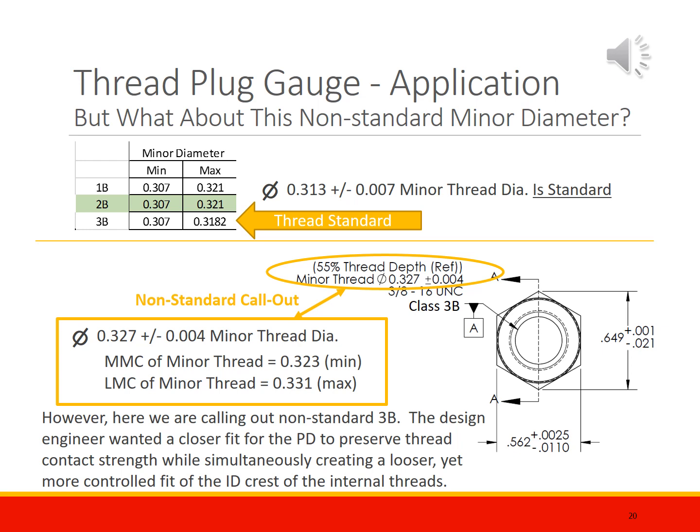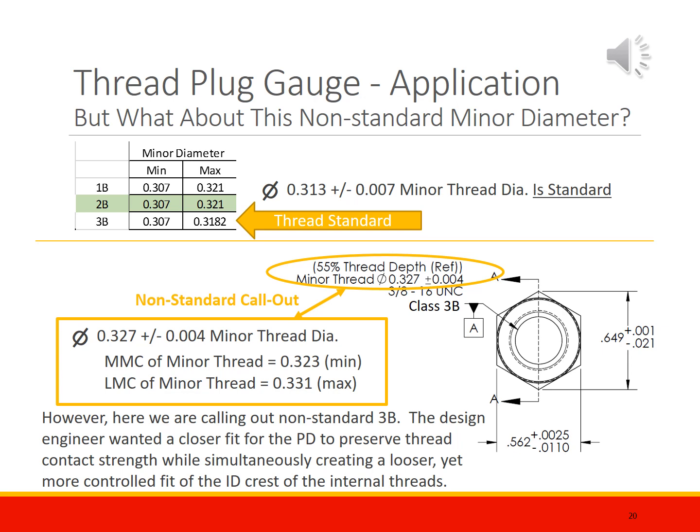Now here's where it gets a little bit tricky, and why it is super important to read the print and pull the associated specs when performing measurements, especially when you are setting up your control plans, which will be the topic of a future lecture.